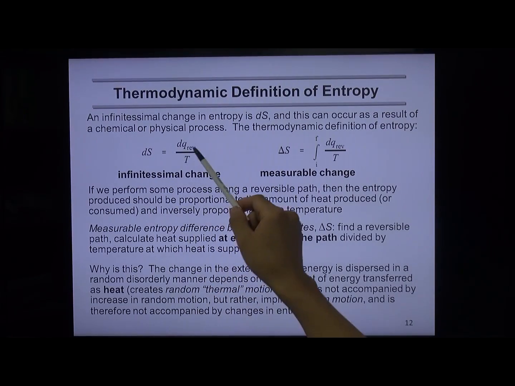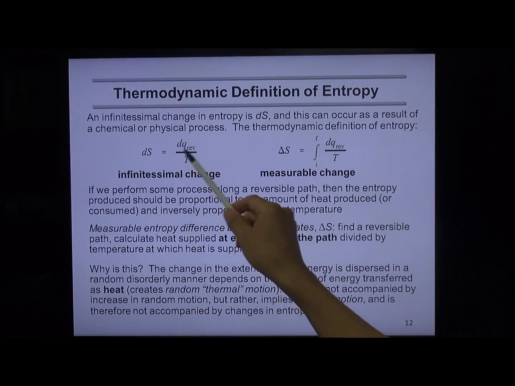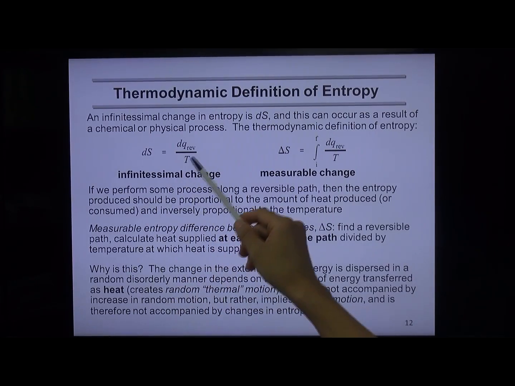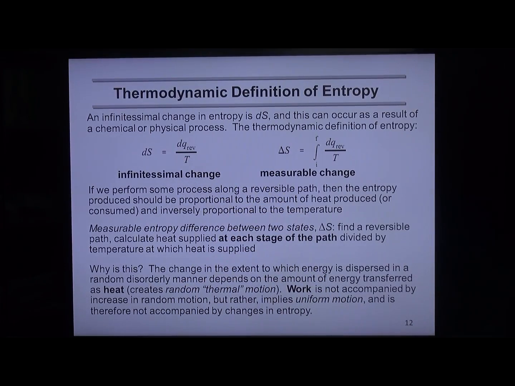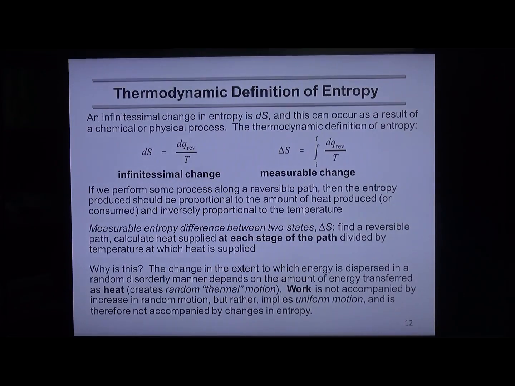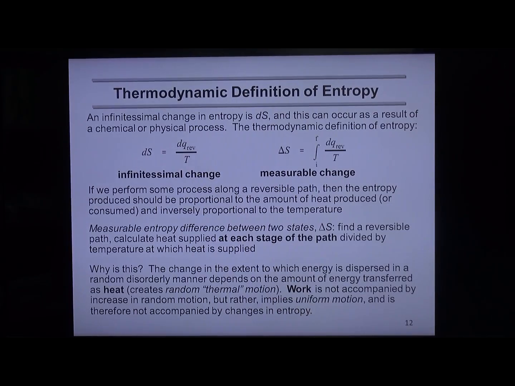So we use the reversible process as the reference point. Then why T in the denominator? Because if the same amount of heat is supplied and the temperature is low, then the change in the degree of disorganization or random motion will be larger, right? That's why the definition of entropy looks like this.